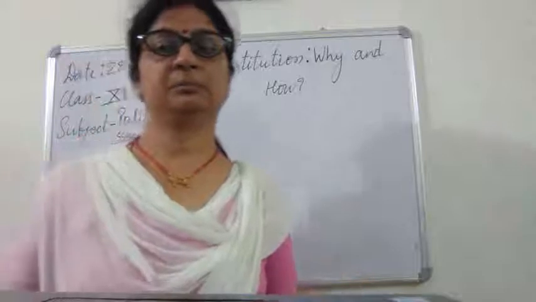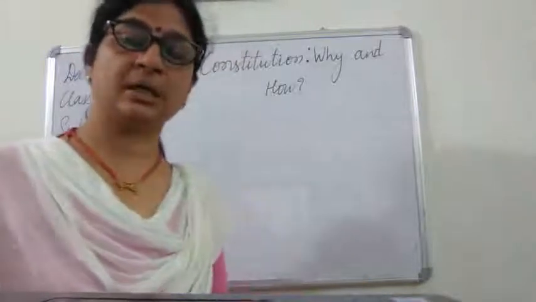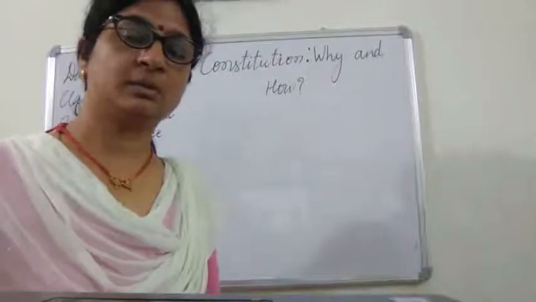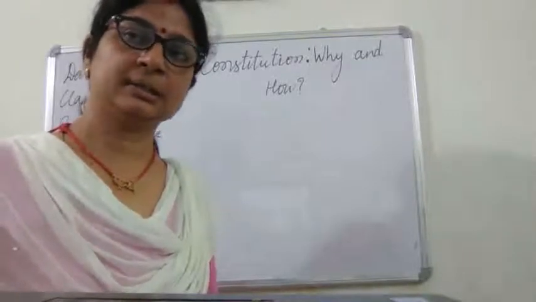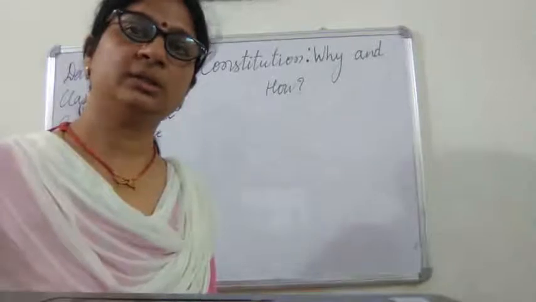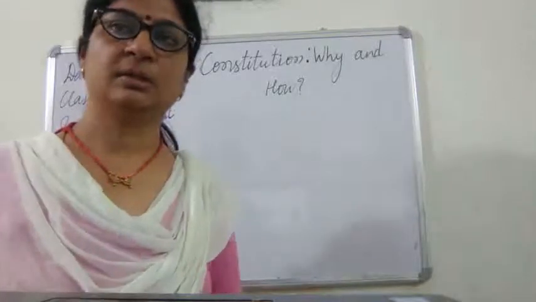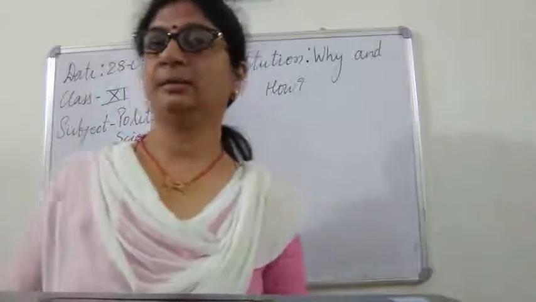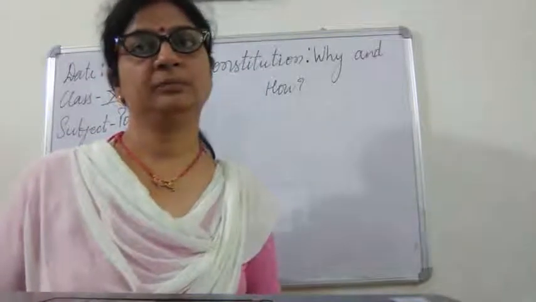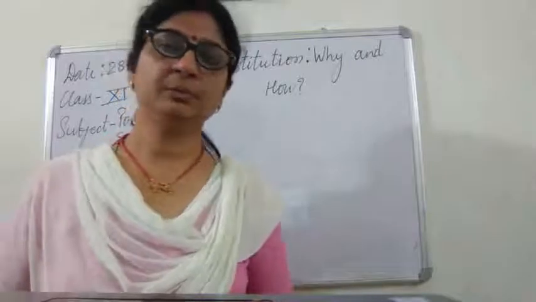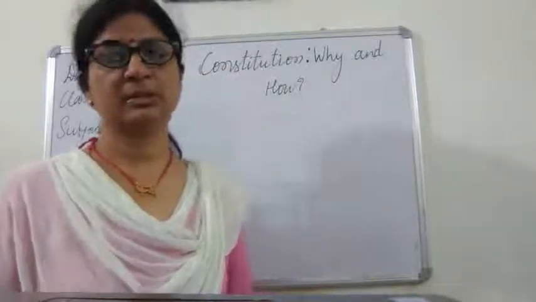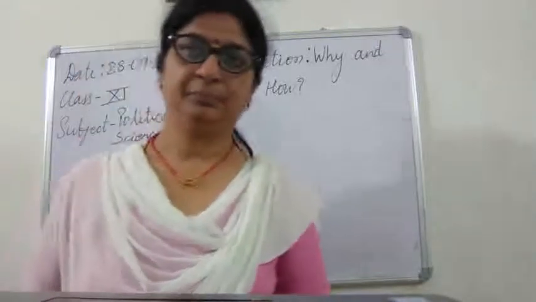Then in a country like the previous USSR, there was a single party system, and in this system only the Communist Party was given the power to decide. And if we see a democratic country, then the people are there to take decisions, because democracy is a government of the people.